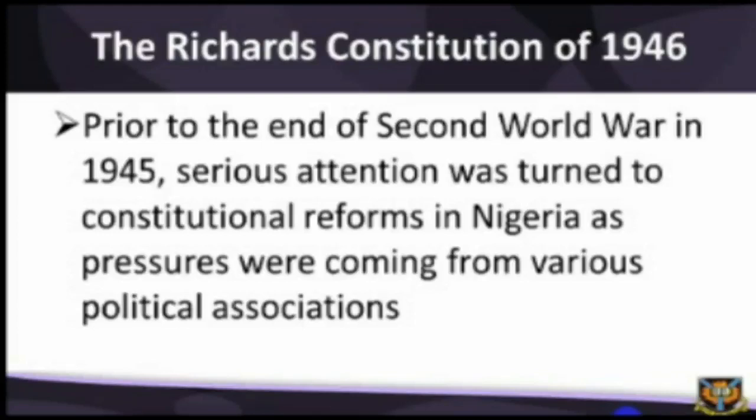Hint: two major factors appeared to have influenced constitutional development at the end of 1945 in Nigeria. These include the general strike and the attitude of the Labour Party and trade unions in Britain that called for constitutional reforms in British West African colonies.